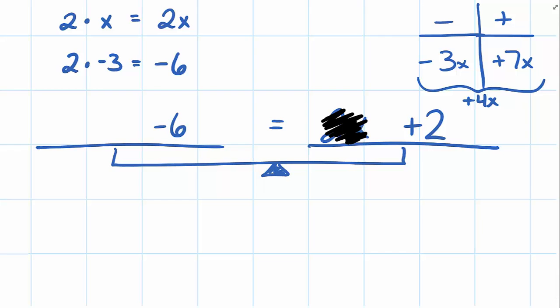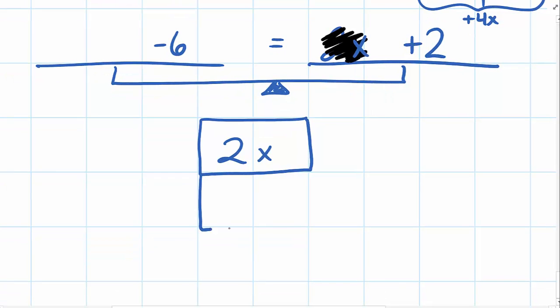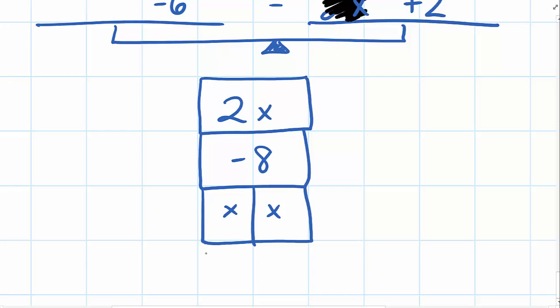If we have 2x's, and we realize that those 2x's represent 8 negatives, we can split up the x's, and we'll be allowed to split up our negative 8. And that means that each x is equal to negative 4. So that's one way to solve it.